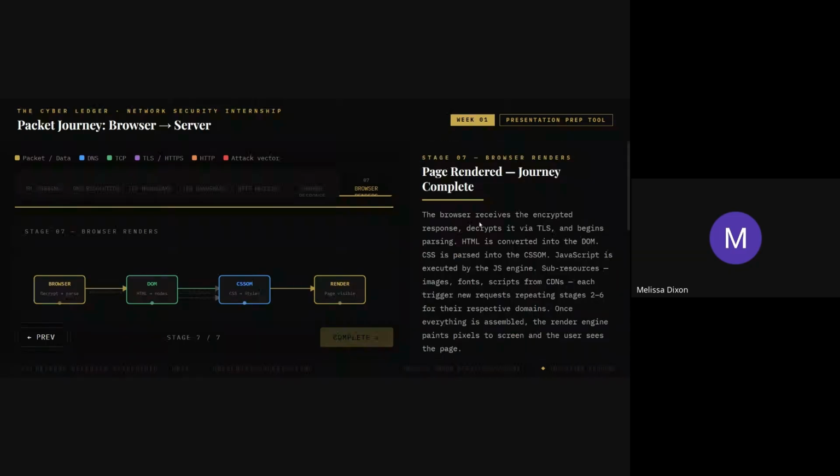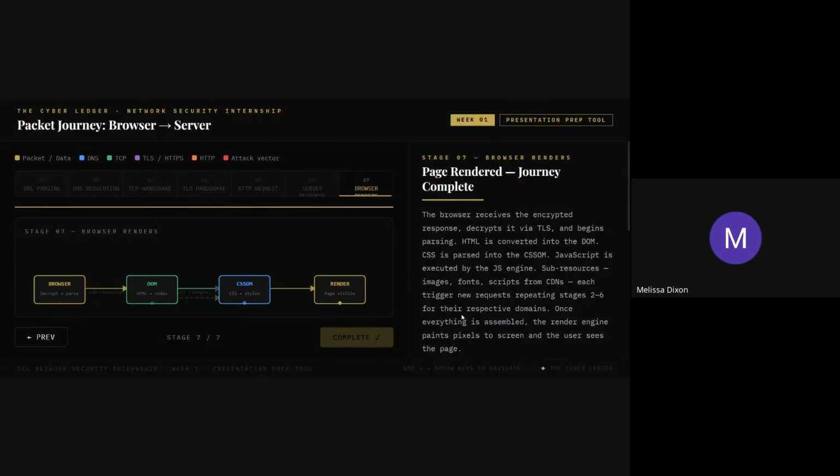And then we have the browser renders. So page rendered, the journey complete. This is the end of it. The browser receives the encrypted response. It decrypts it via TLS and begins parsing. So HTML is then converted into the DOM, CSS is parsed into the CSSOM.